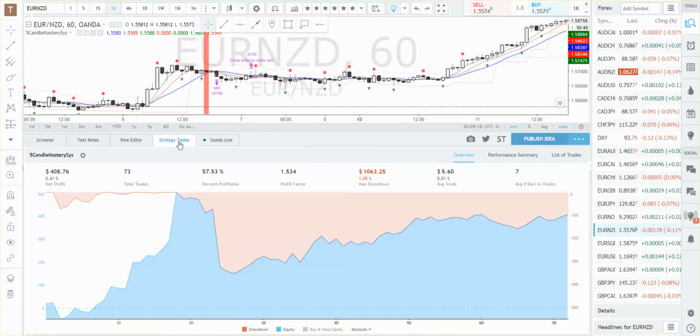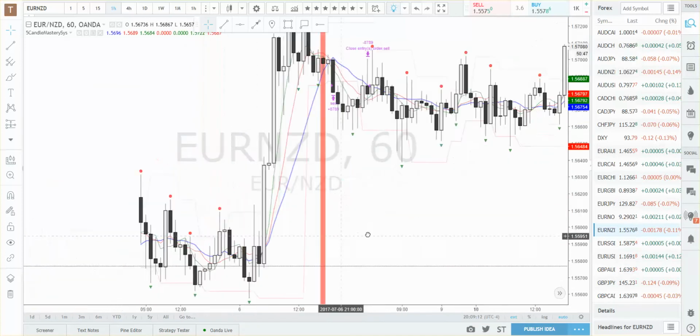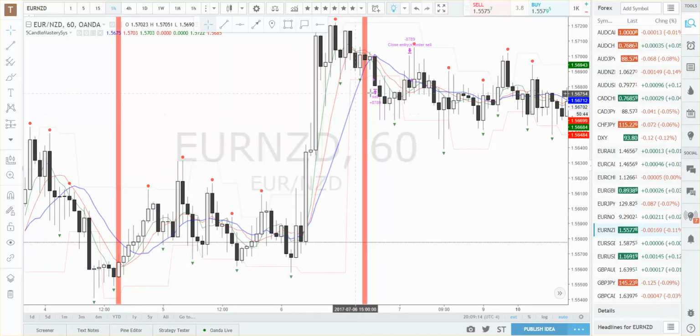All right, so let me see if I can find a short example. So this is a short entry that got stopped out. So we have a fractal low here. It waited 5 bars.